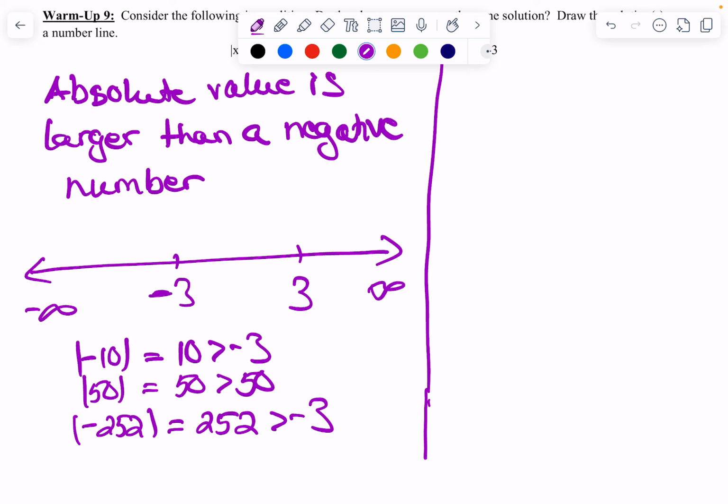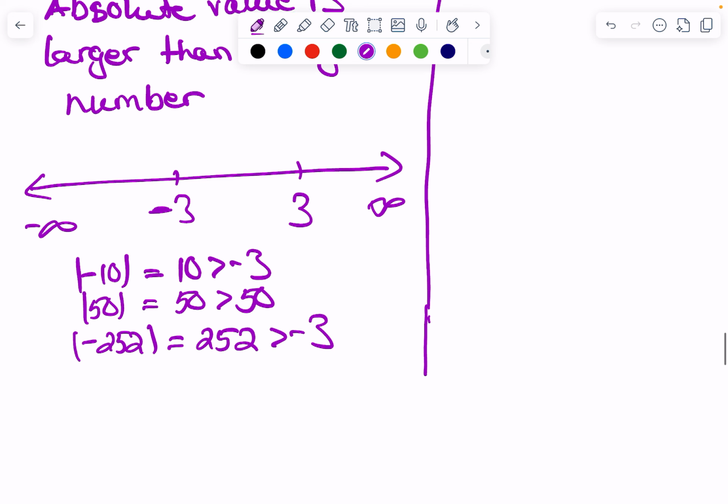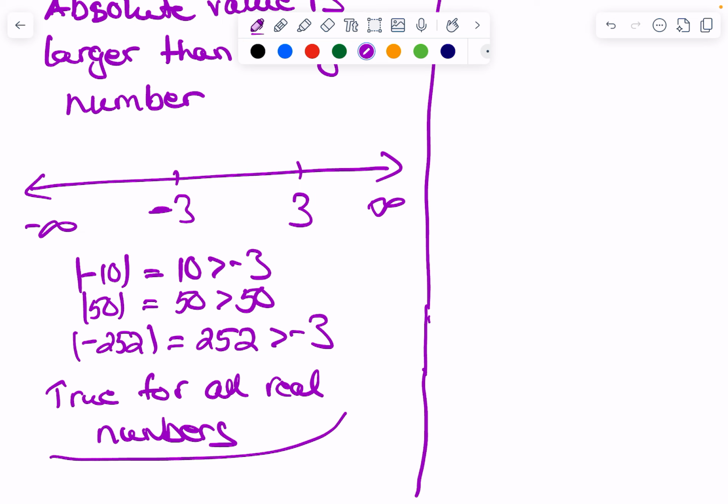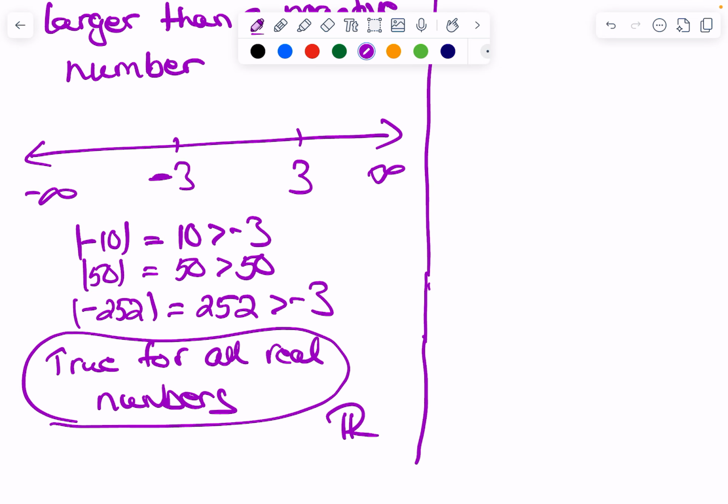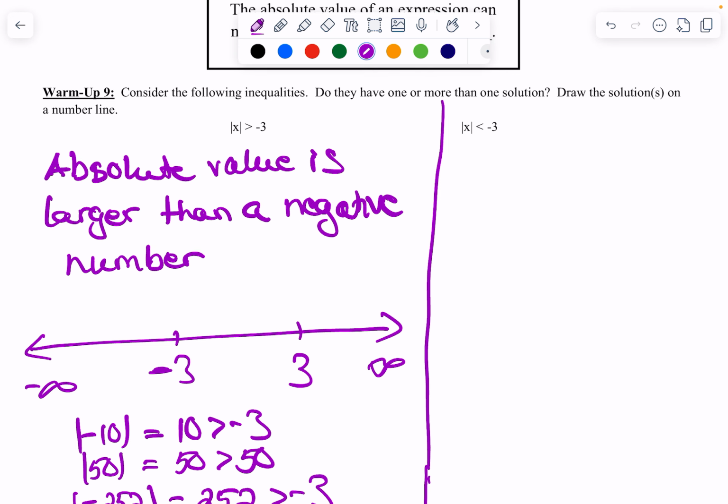It is greater than negative 3, right? So for this one, it is true for all real numbers. So any real number can be greater than a negative. The absolute value of any real number is greater than a negative number. Okay?